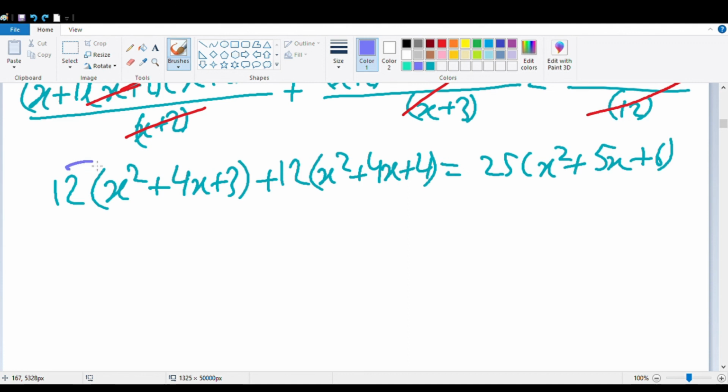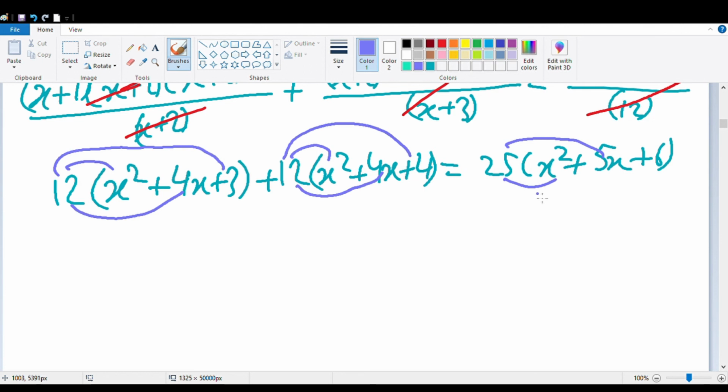Okay, so 12 into x squared is 12x squared. 12 into 4x is 48x, and 12 into 3 is 36. 12 into x squared is 12x squared. 12 into 4x is 48x, and 12 into 4 is 48. 25 into x squared is 25x squared. 25 into 5x is 125x, and 25 into 6 is 150.